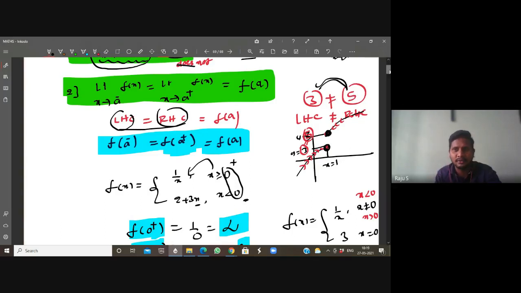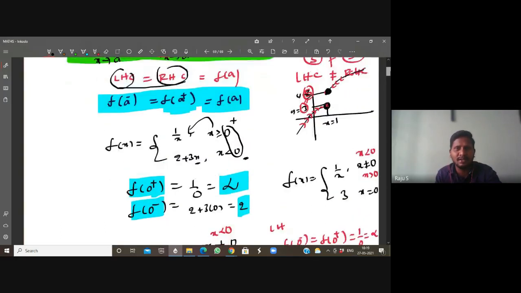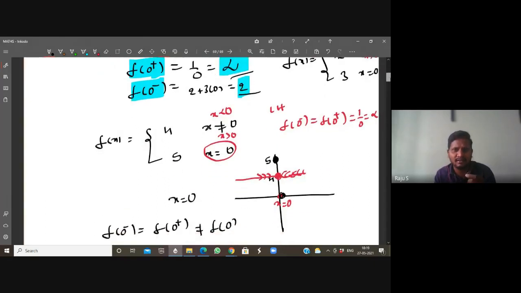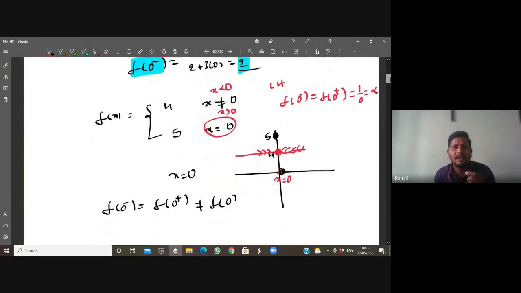That is finite discontinuity. But if any one of the limits is infinite, I give an example here. Plus means the right hand limit is infinity and the left hand limit is 2 to infinity. It is discontinuous. This is called infinite discontinuity. Then oscillation.